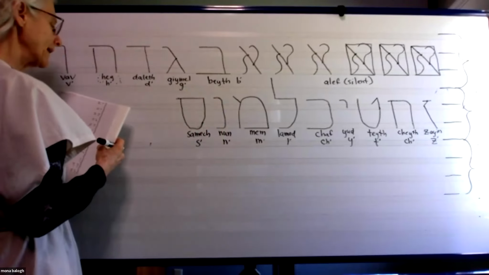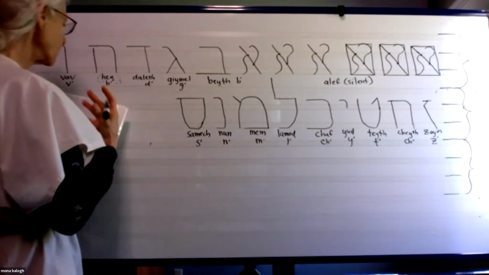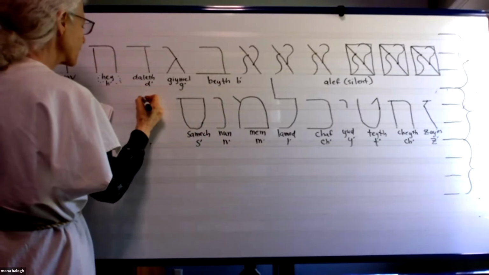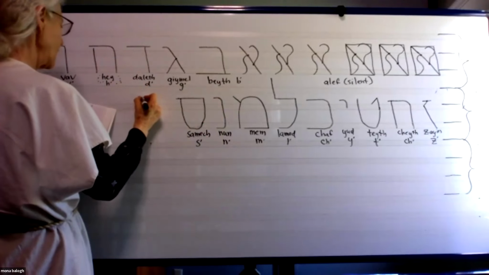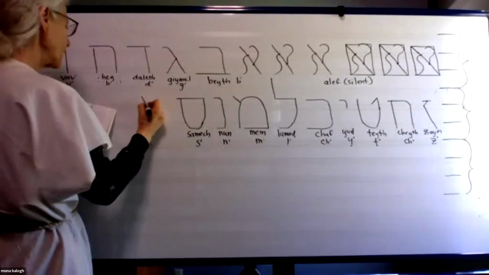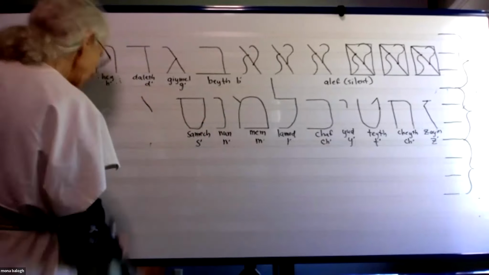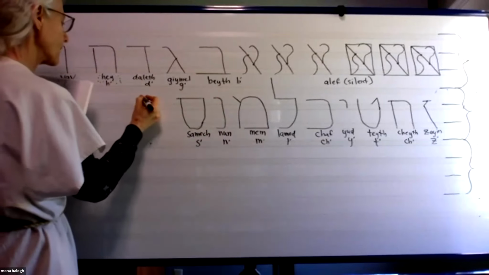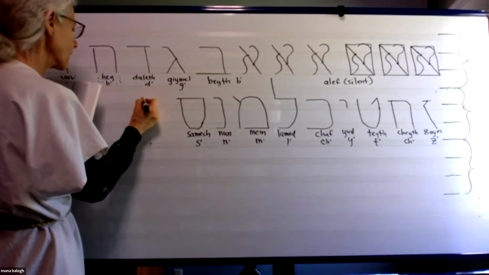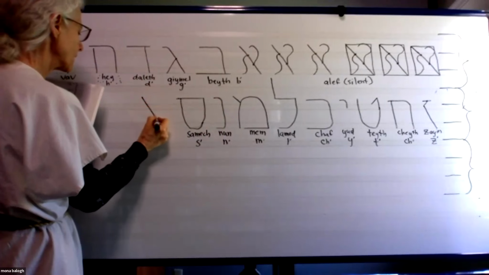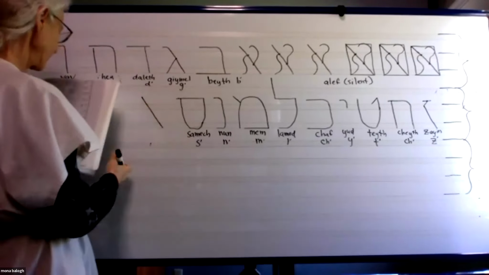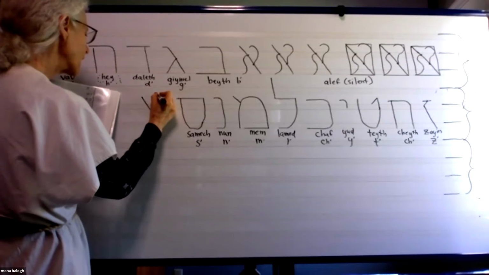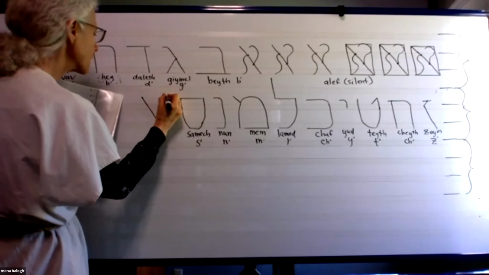Next is Ayin, which is another guttural, but it is silent. Upper left, and you're going to make just a diagonal, upper left to the lower right. Then you're going to make an imaginary line up here and go a little bit to the right.